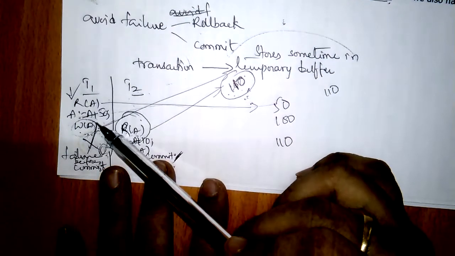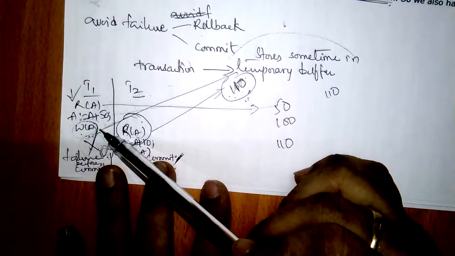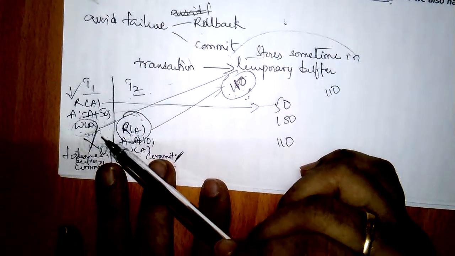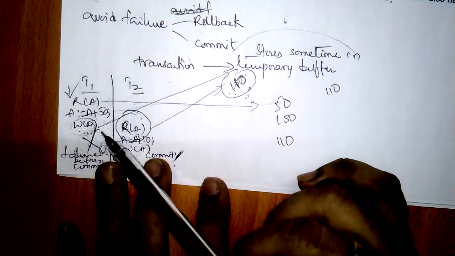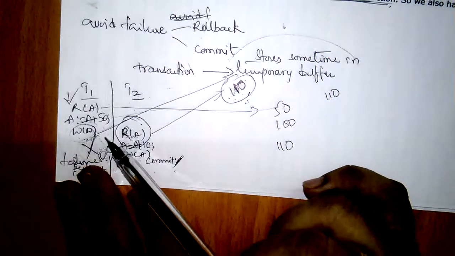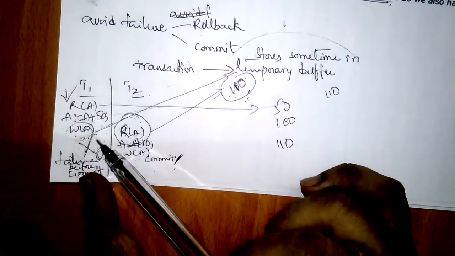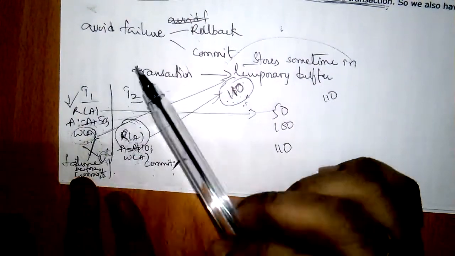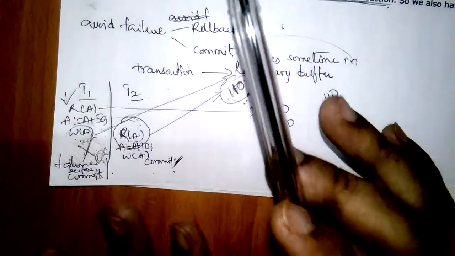When it completes its transaction successfully, it is stored temporarily in a buffer. The state is called partially committed. These are stored temporarily for some time until we commit them permanently, that means we update them permanently in the database.